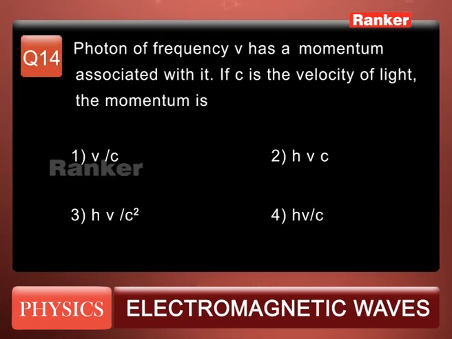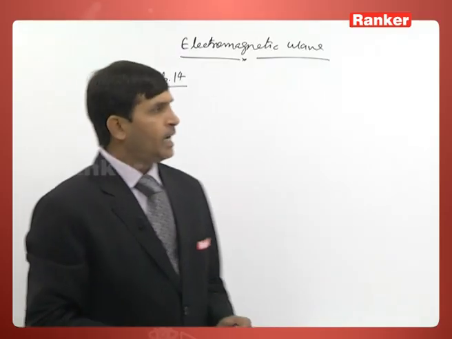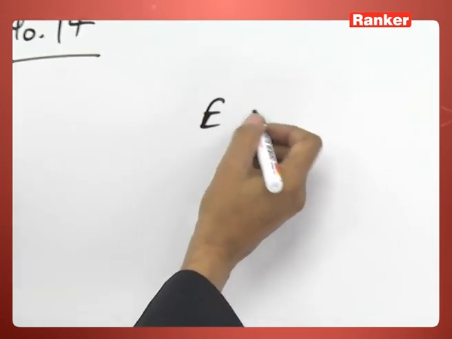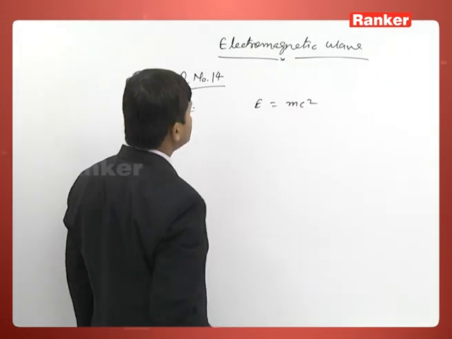Question number 14. A photon of frequency nu has a momentum associated with it. If c is the velocity of light, the momentum is given as: the first option nu by c, second option h nu into c, third option h nu by c square, and the fourth option h nu by c. As we know, the energy of a photon is written as mc square.